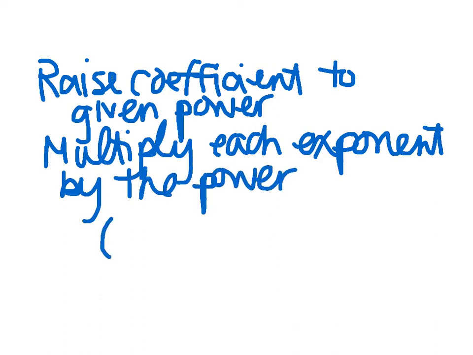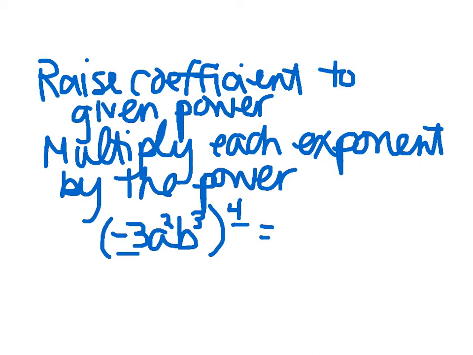So, if I look at it and I say (-3ab³)⁴, actually let's make that a squared: (-3a²b³)⁴. I am taking negative 3 and raising it to the fourth power. That means a negative number raised to an even exponent gives me a positive number.